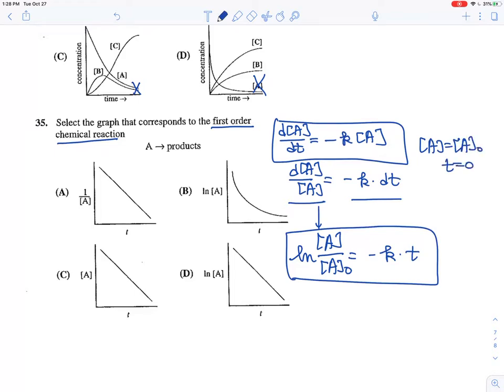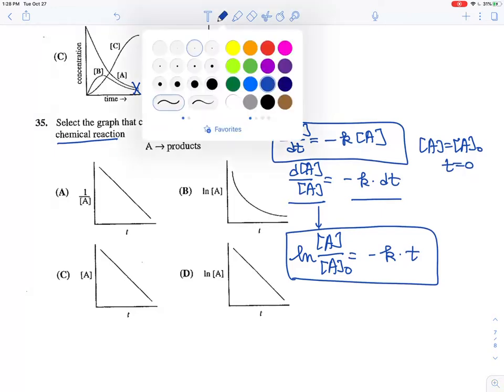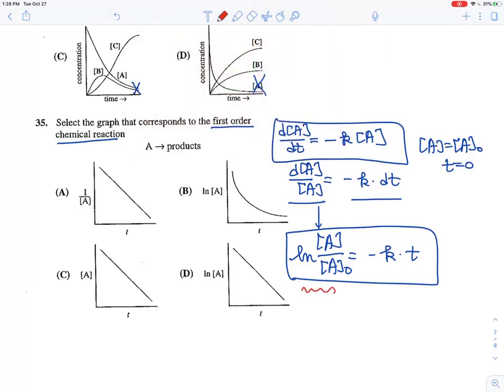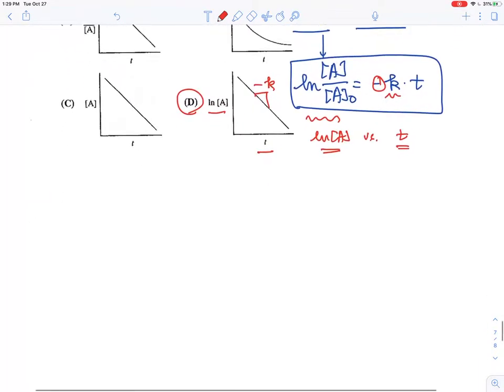Having said that, what that means is ln A versus t is the relationship. If the k value is positive, the slope is minus k. So D is the answer for this question.